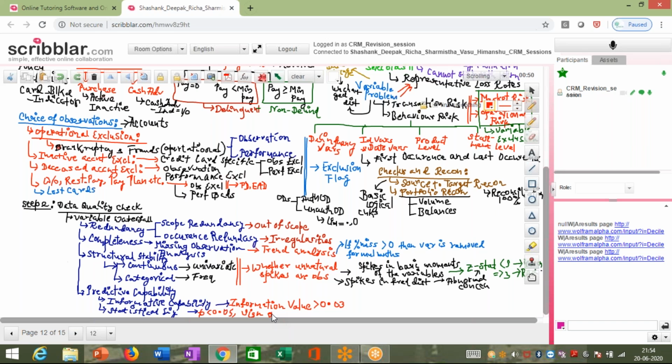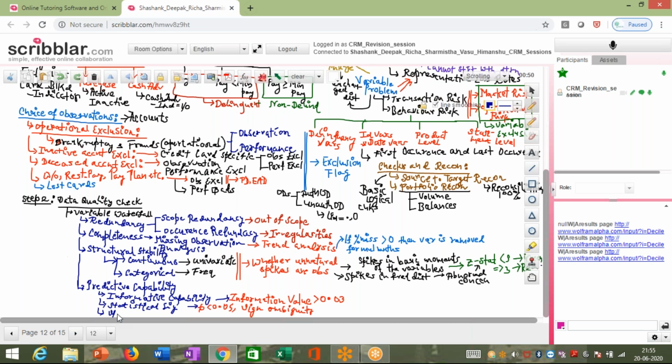So if there is informative capability and statistical significance, the next set I have is on the basis of multicollinearity, that is, whether the VIF is greater than 2. So these are all the checks that we generally do.